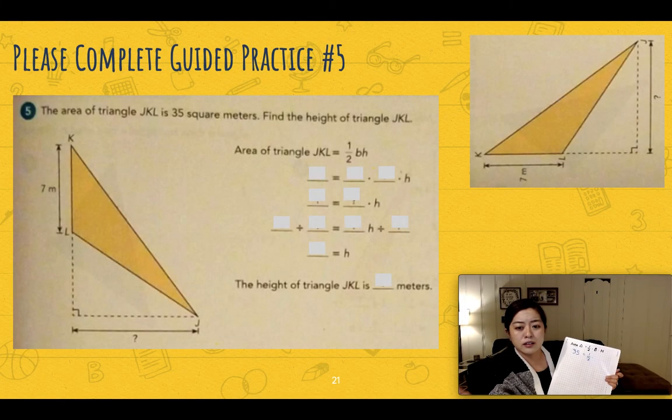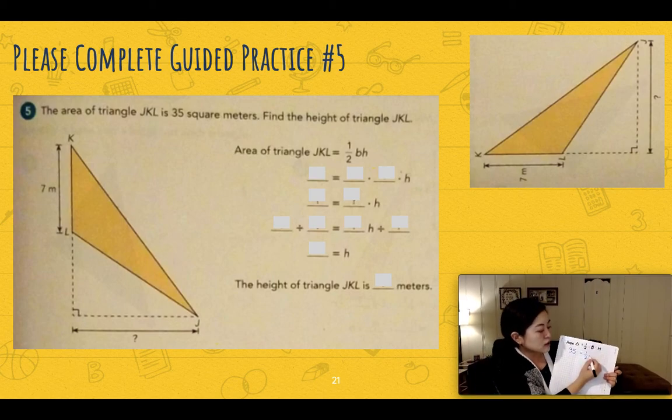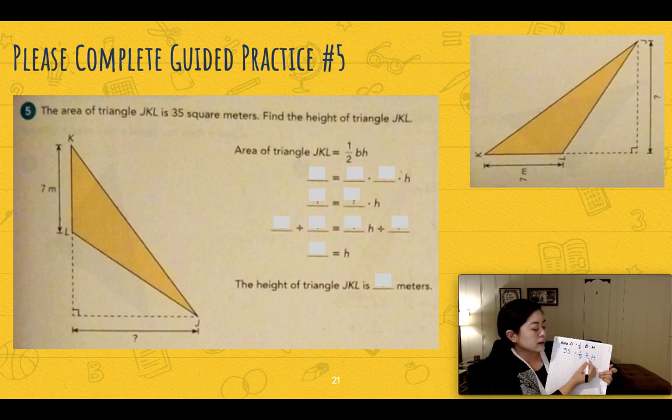Here I just repositioned that same triangle where the base is now on the ground, so maybe it'll help you visualize it better. And the height is our unknown here. So our base is 7, and our height we don't know, so I'm going to write H for height. And half of 7 is 3.5.